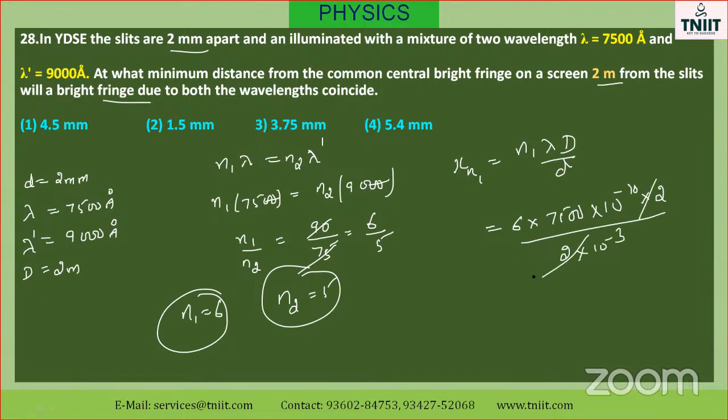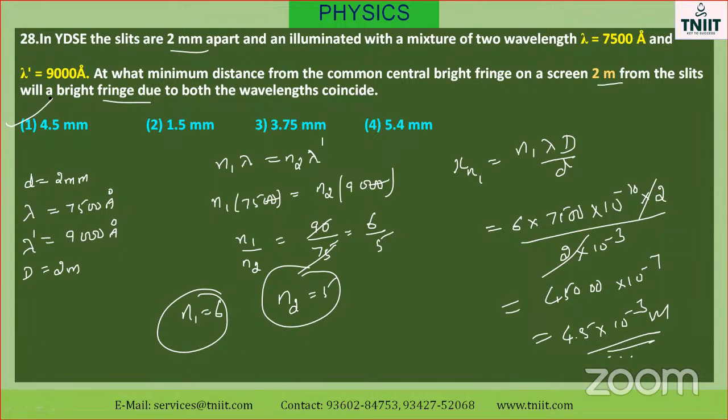So 2 and 2 will get cancelled out. So 6 into 75 will be 450. These 2 zeros as it is, into 10 power minus 7. Or you can take 4.5 into 10 power minus 3 meter. That is 4.5 millimeter. Option 1 is the right answer.